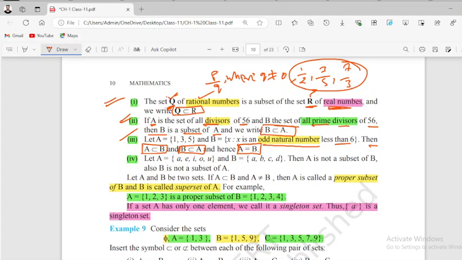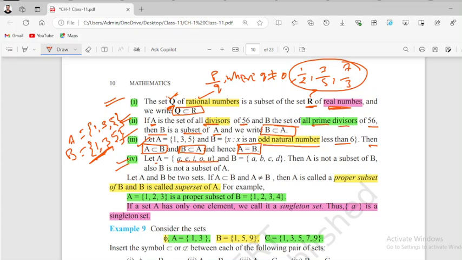Set A contains elements 1, 3 and 5, and set B contains odd natural numbers less than 6. So the odd natural numbers less than 6 are also 1, 3 and 5. So set A and set B are equal sets. And we can also say that set A is a subset of set B and set B is also a subset of A.